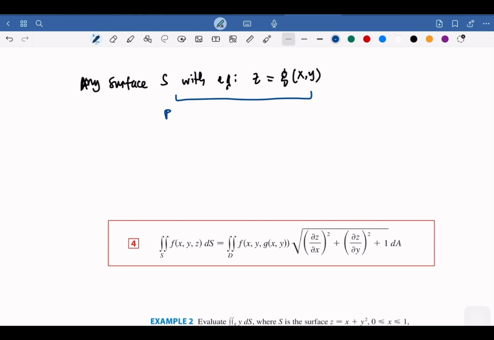We can write a parametric surface. Let x be just x, y is just y, but for z it will be g of x y.